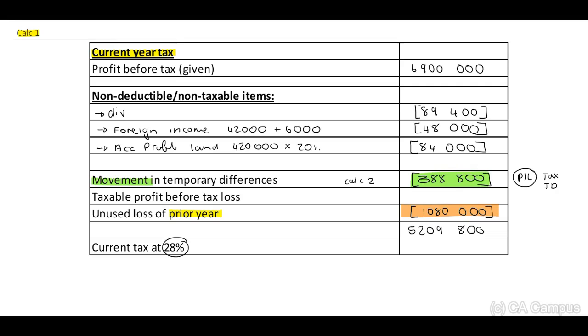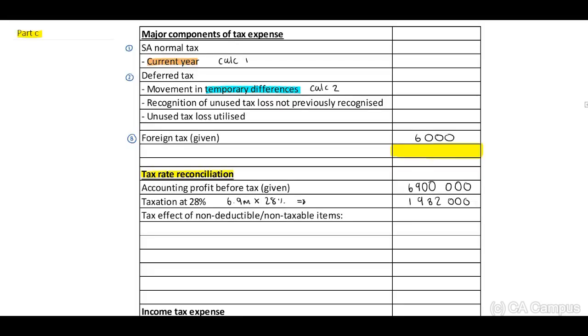Times this by 28%, guys, and this will be 145,874. Now let's transfer this to our current tax line item in our income tax expense note.